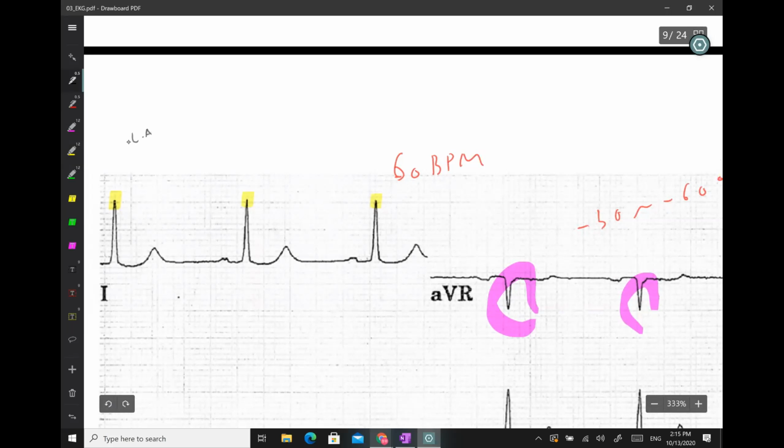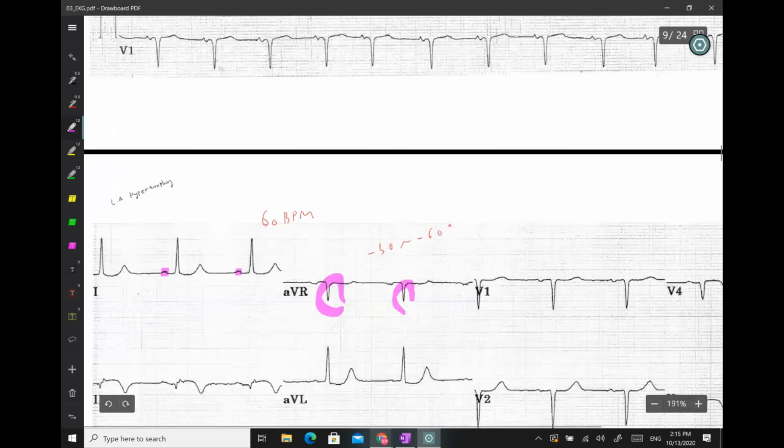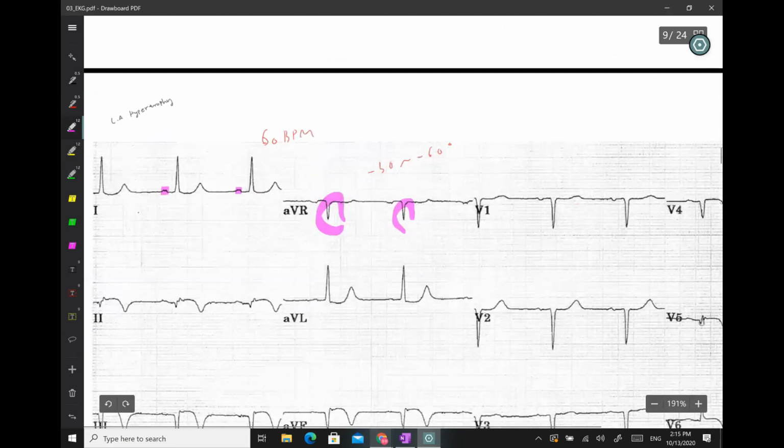Not the R wave, the P wave is notched. Okay, left atrial hypertrophy. Everybody can see it. All right. Now, the PR interval is okay. That's fine. Now, the next one, the width of the QRS. Is it wide? It's your turn now.